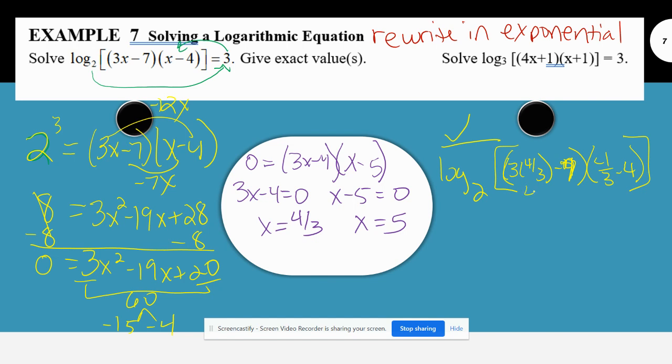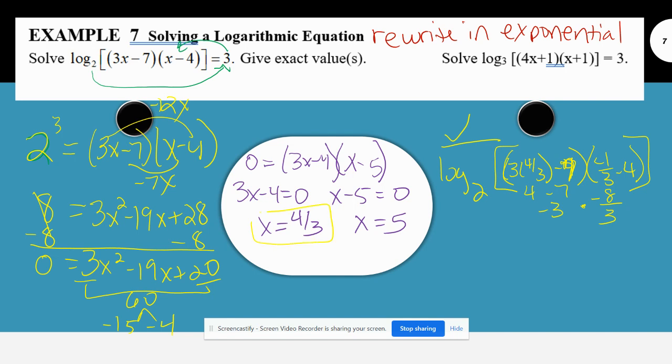Well, 3 times 4/3 is 4 minus 7, which is negative 3. We have to multiply that by 4/3 minus 4, which is 4 minus 12, negative 8/3. And a negative times a negative is a positive.